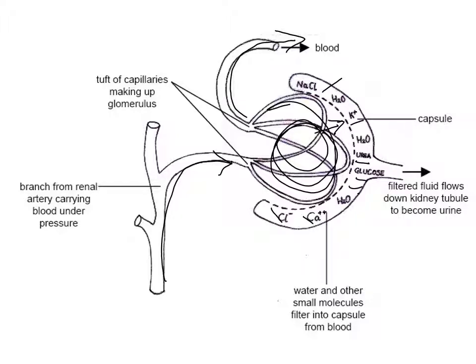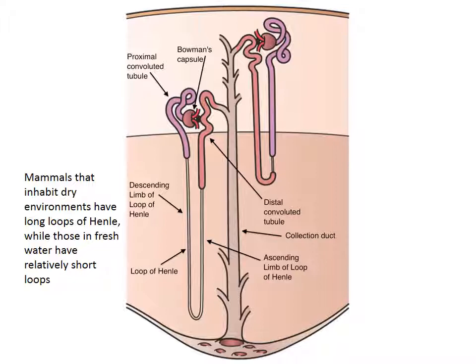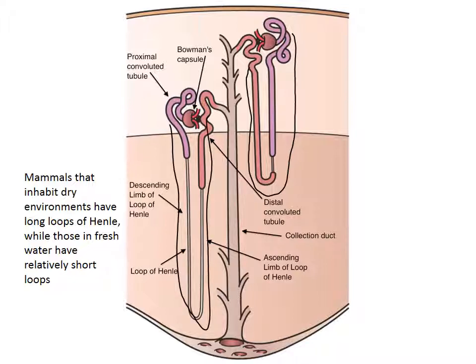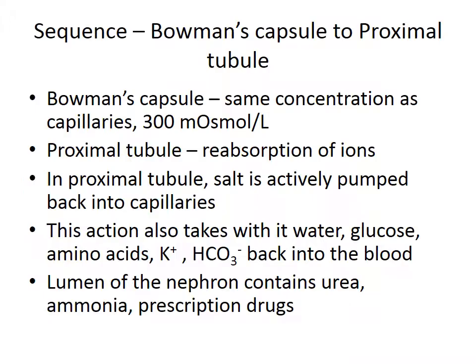All of this is going to move into the Bowman's capsule. And this shows you that there are two types of nephrons. Remember I said, please remember it. Some with the regular sized loops of Henle and some with really, really long loops. So those that live in dry environments will have very, very long loops of Henle, so they can absorb more water back. So let's start with the sequence.